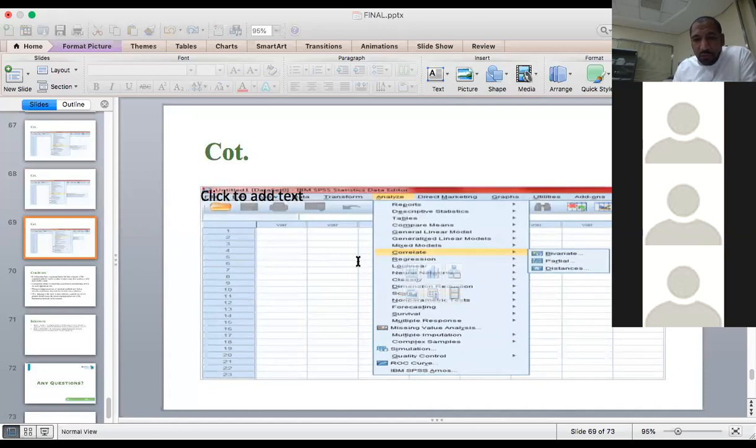And also, if you would like to study the correlation between two numerical variables, then this is Analyze, Correlate, and then Bivariate, and you identify your data and your variables, and you should be able to get the results.